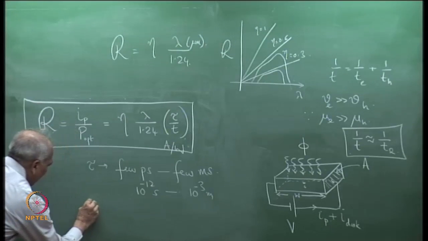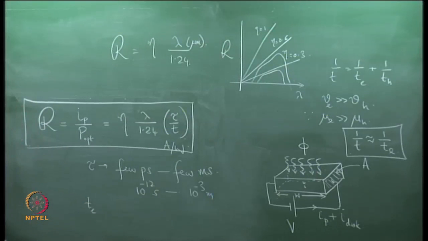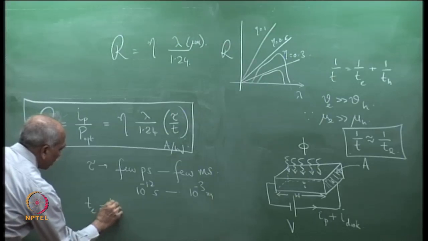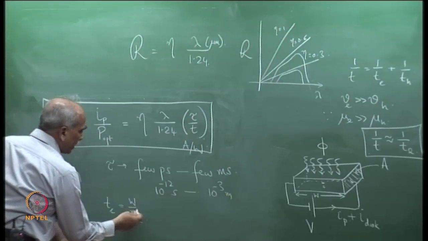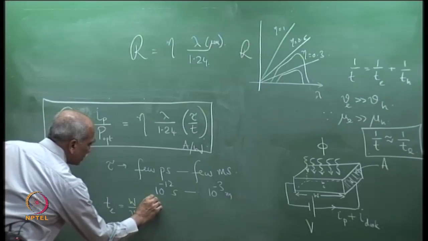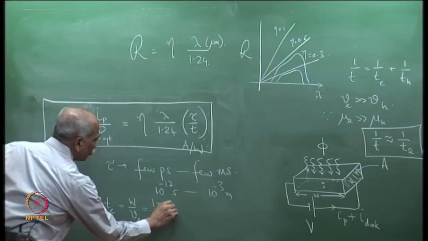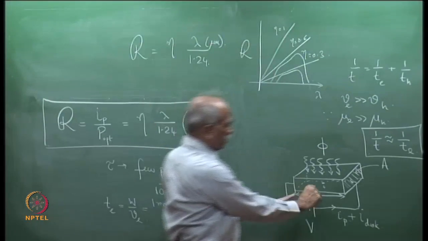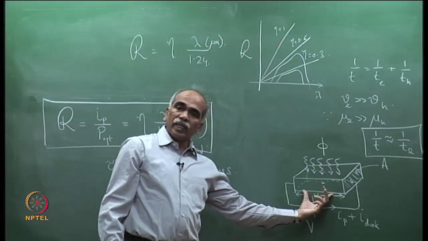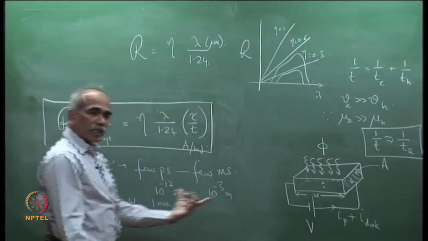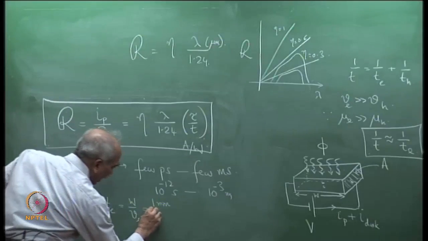So, T e, the transit time of electrons, is equal to W divided by V e, and W, typically, let us say, is 1 millimeter. The width here is about 1 millimeter or a few millimeters, the dimension of the semiconductor material.